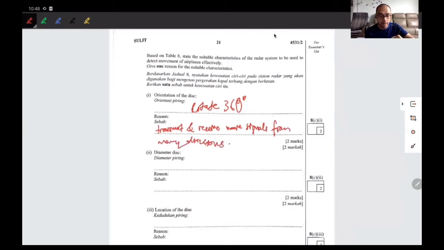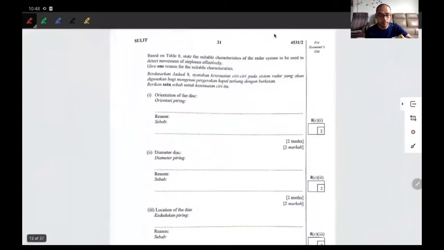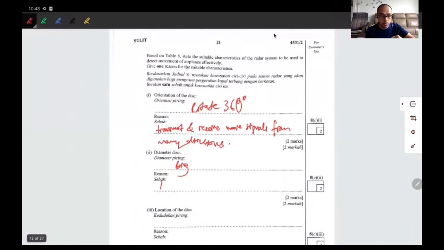The diameter of the disc should be big. What did they write? Big or small? Okay, the diameter is big to receive more wave transmission.